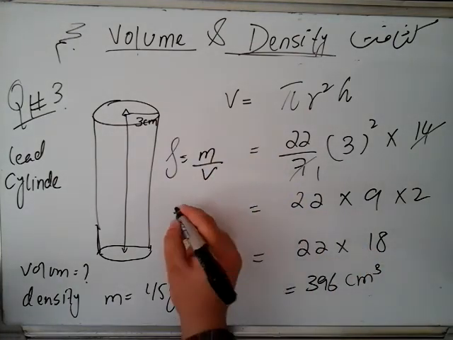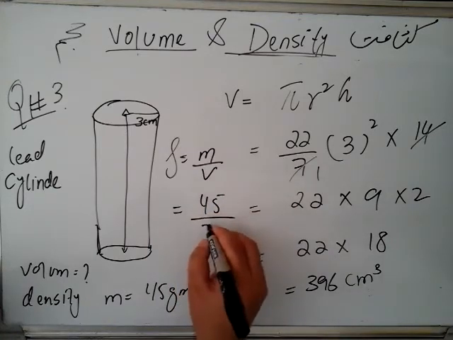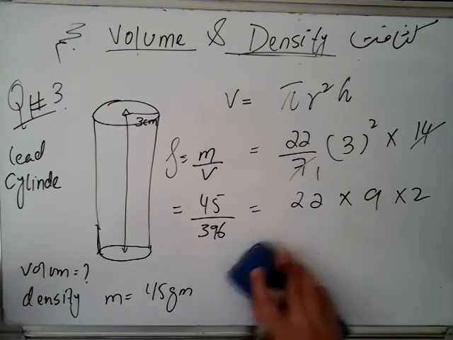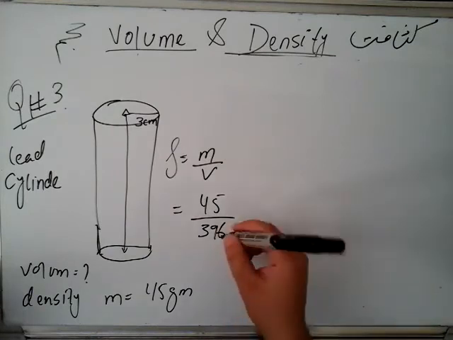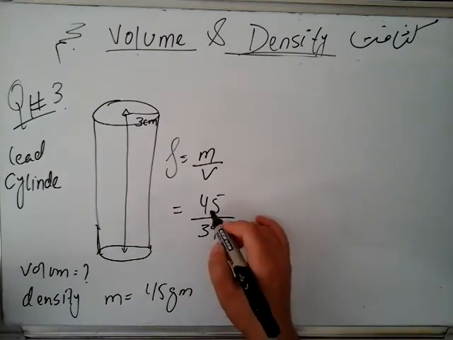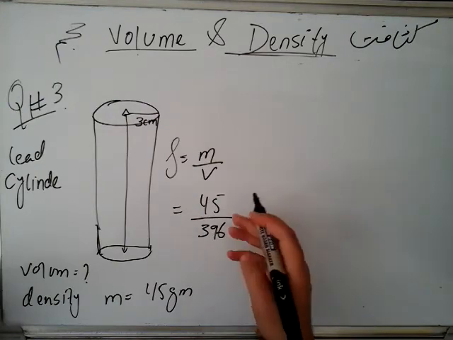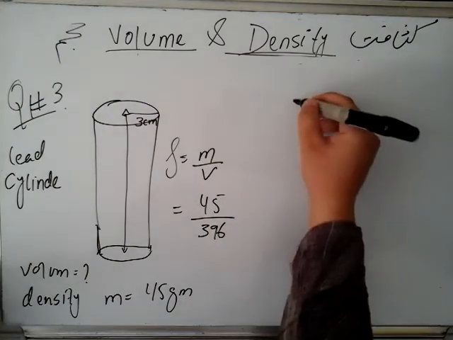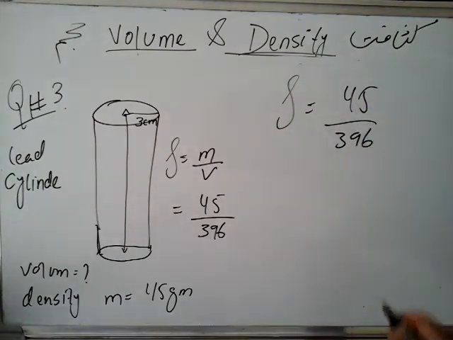So mass is 45 and volume is 396. So density is equal to 45 over 396.